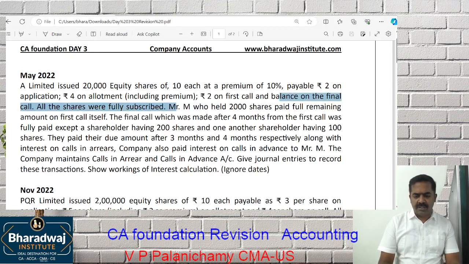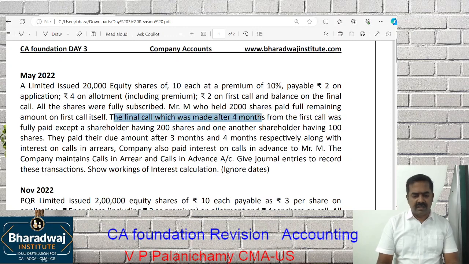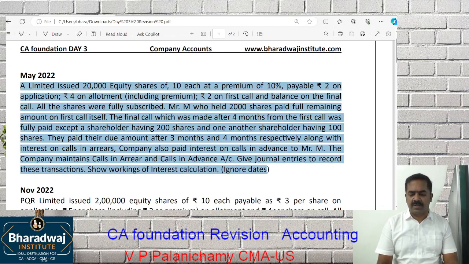You can find one shareholder is paying the full amount at the time of call itself. The final call was made 4 months after that. One shareholder holding 200 shares, another holding 100 shares. They paid the amount due after 3 months or after 4 months, like that it is given. Read the question. There is no forfeiture in this question.